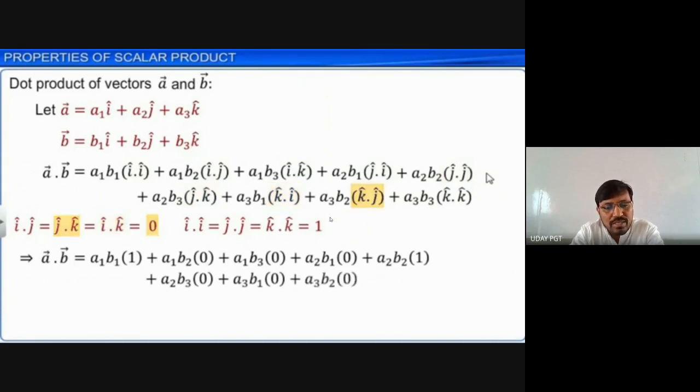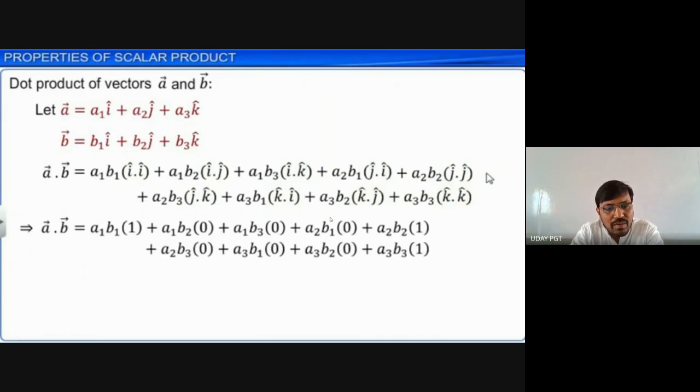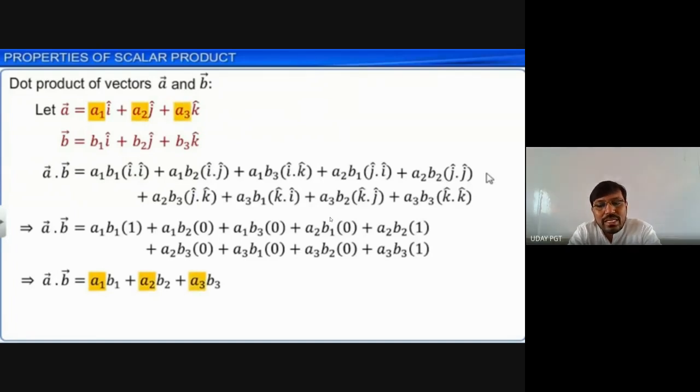If you substitute these values, the dot product of the two vectors we are going to get is A1 B1 plus A2 B2 plus A3 B3, and the rest are left out.